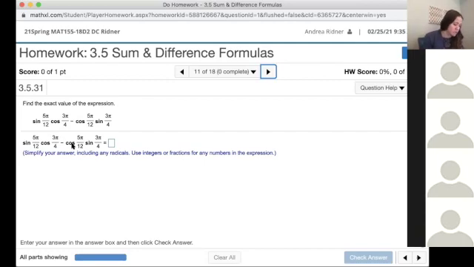So if I subtract, I get negative pi over 3. So what is sine of negative pi over 3? It's going to be negative 1/2.